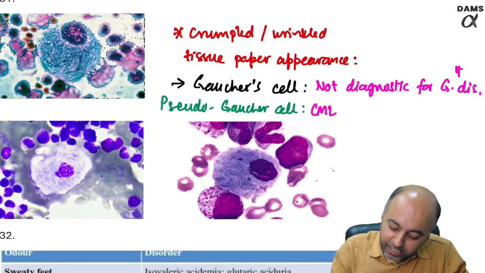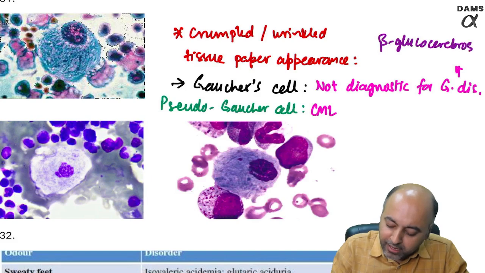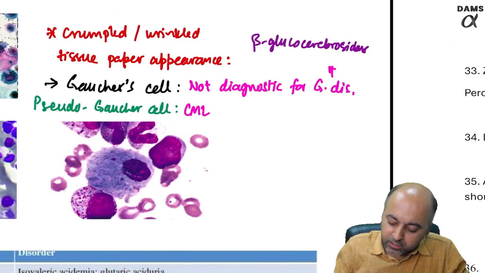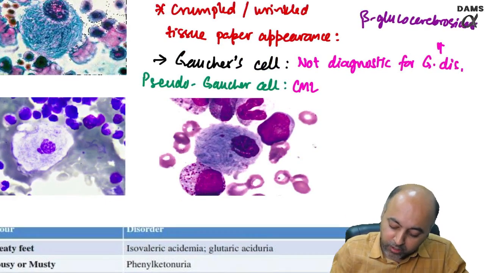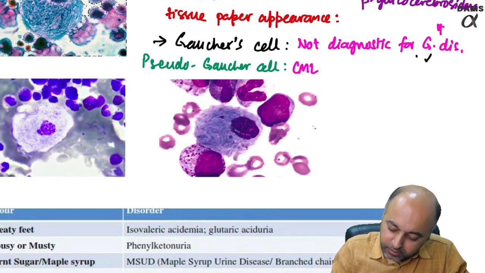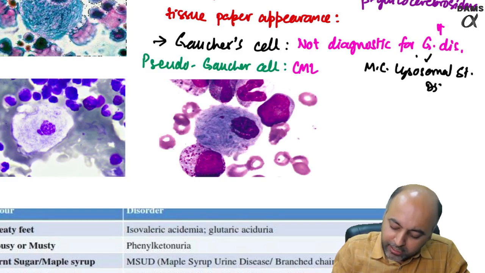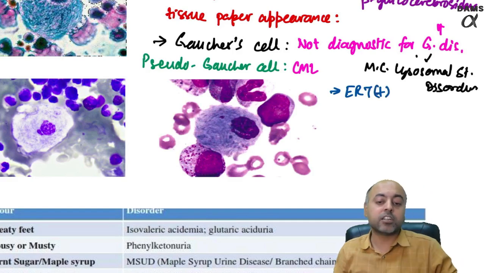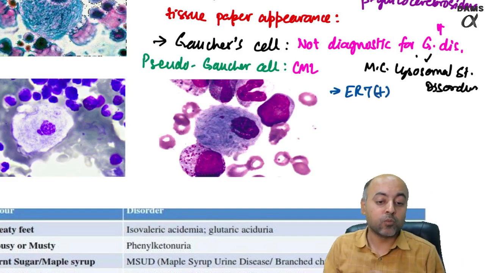About Gaucher disease, as you rightly said, the deficient enzyme is beta glucocerebrosidase, and Gaucher disease is the most common lysosomal storage disorder. It is also the first condition for which enzyme replacement therapy was made available.